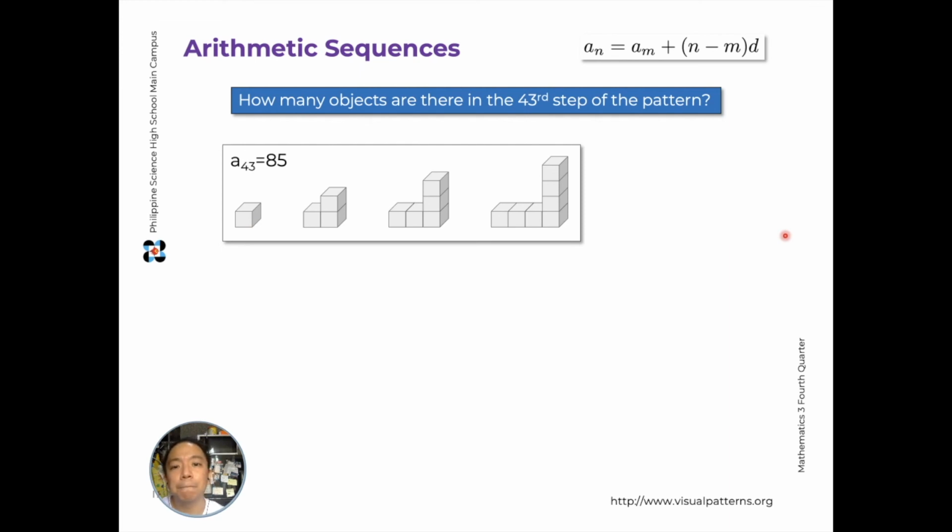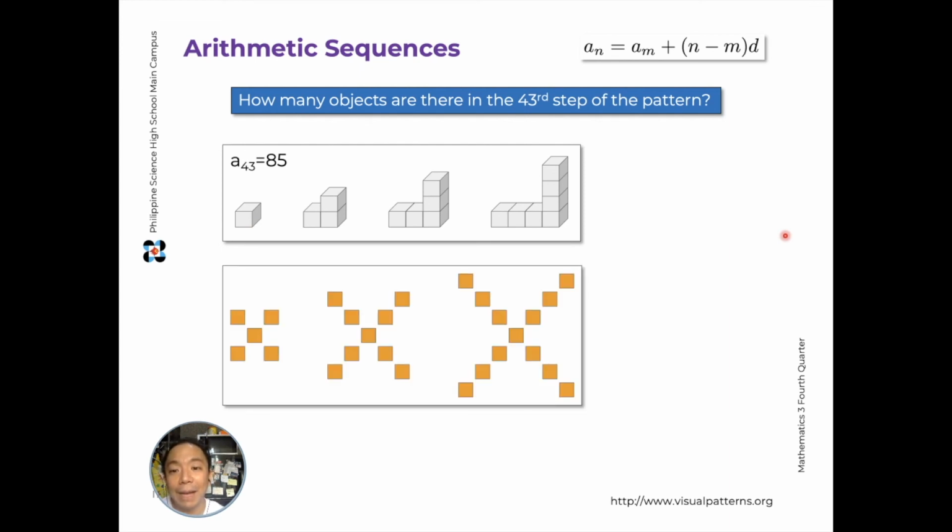Another visual pattern that's interesting is itong lumalaking parang X ng pixels. You have 5, then magiging 9, then magiging 13. But let's identify the pattern. Nilalakihan natin yung X by adding 4 pixels dun sa left, upper left, lower left, upper right, lower right. So the common difference is 4.